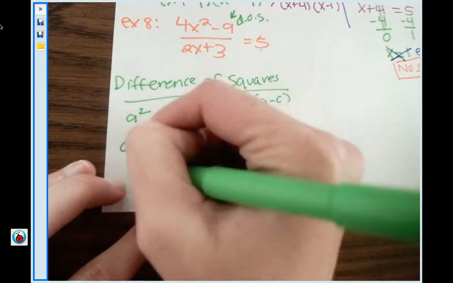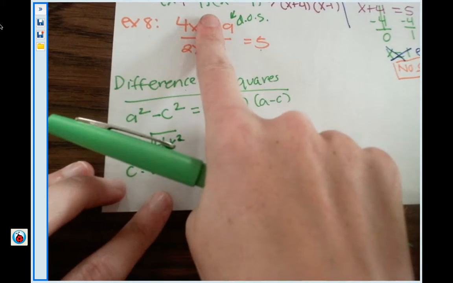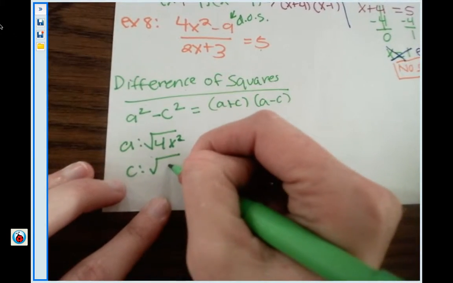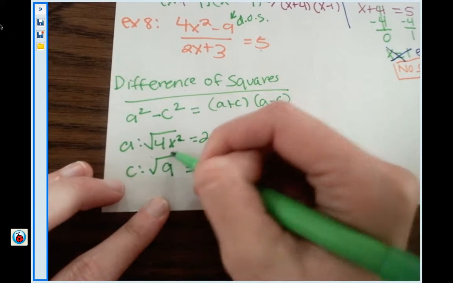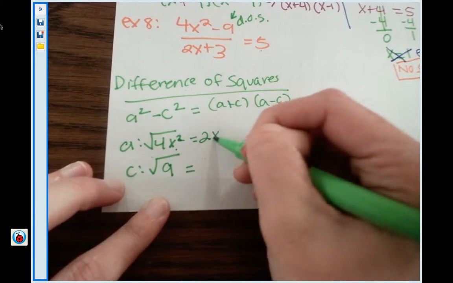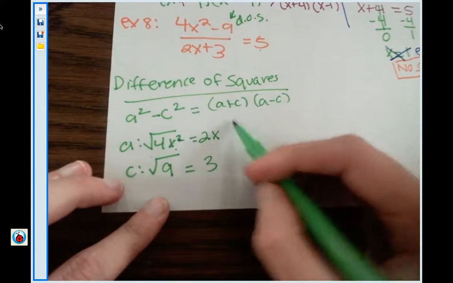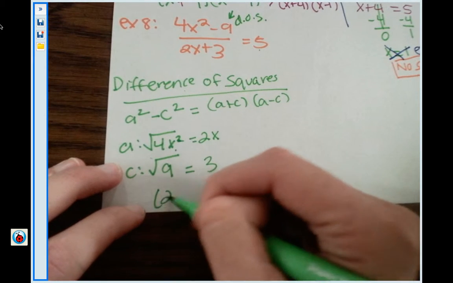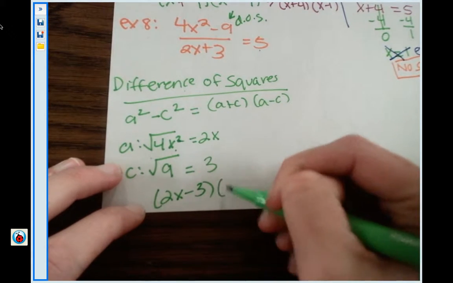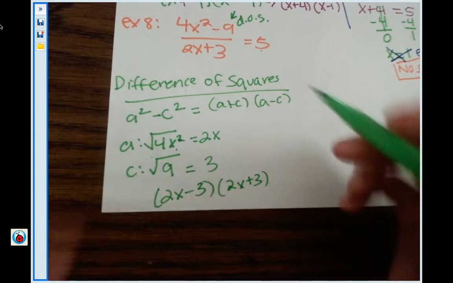And our c we find by square rooting the last term, but ignore the negative. So this will be a 9. Alright, the square root of 4 is 2, and the square root of x squared is x. The square root of 9 is 3. So now all I have to do is add my a and c and subtract. So this will be 2x minus 3 and 2x plus 3. Yay! That's it for the numerator.